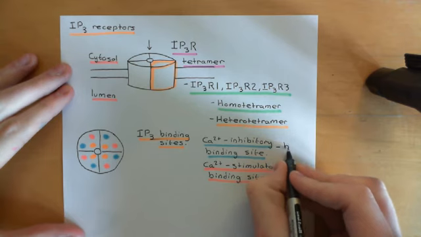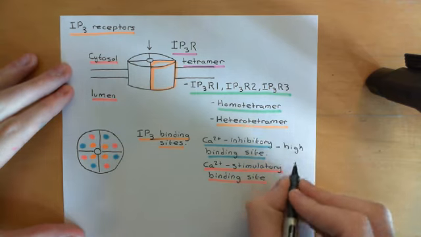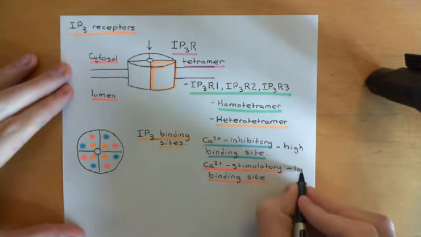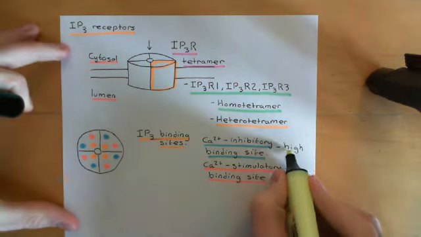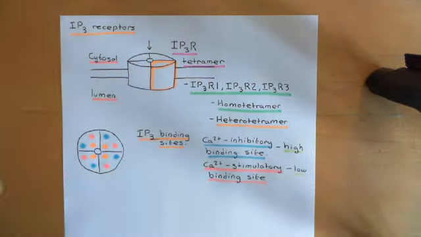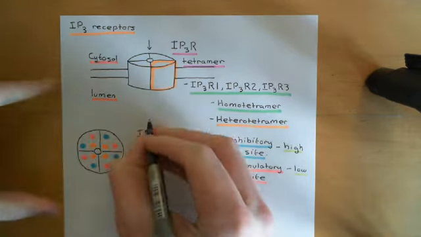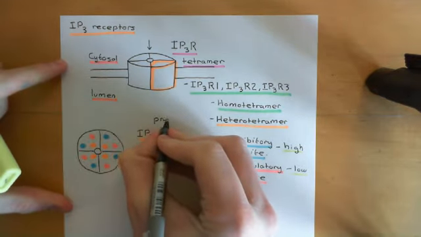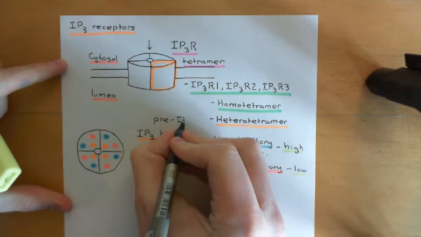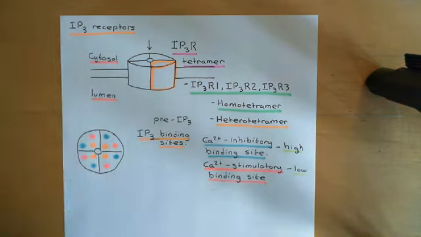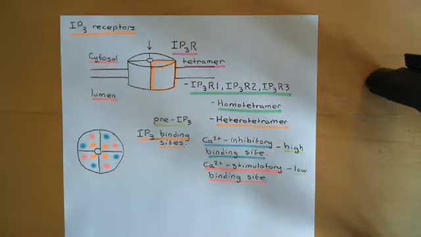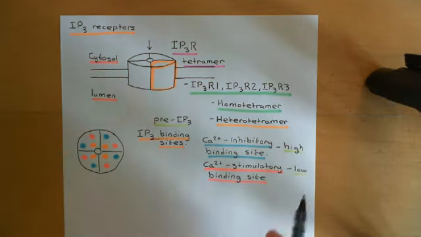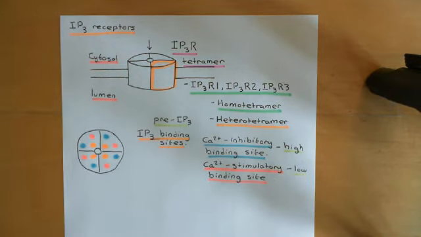So initially when there's no IP3, these ones have the high affinity and these ones have the low affinity for calcium. I'll colour these in yellow, and these are the pre-IP3 states, basically. So pre-IP3 you have a high affinity state for the inhibitory calcium binding site and a low affinity state for the stimulatory calcium binding site.